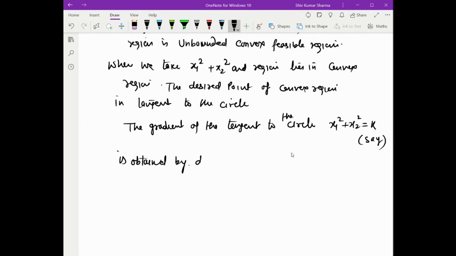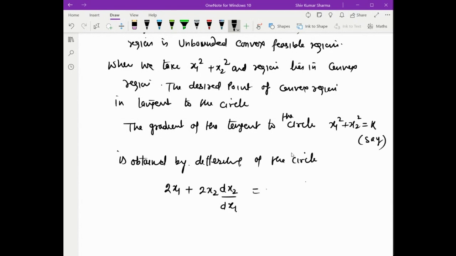So is obtained by differentiating the circle. So we can differentiate this circle with respect to x1. So we write as 2x1 plus 2x2 and dx2 upon dx1.